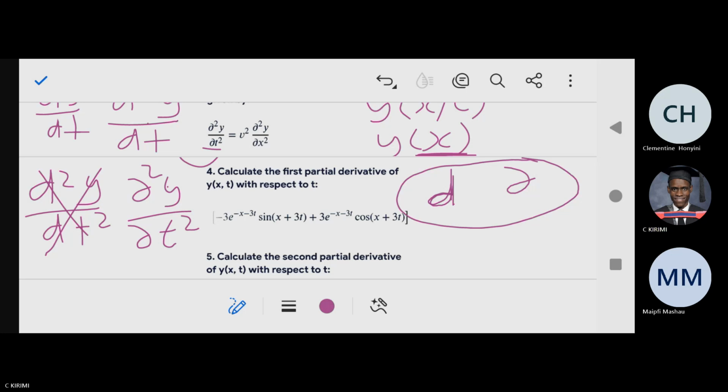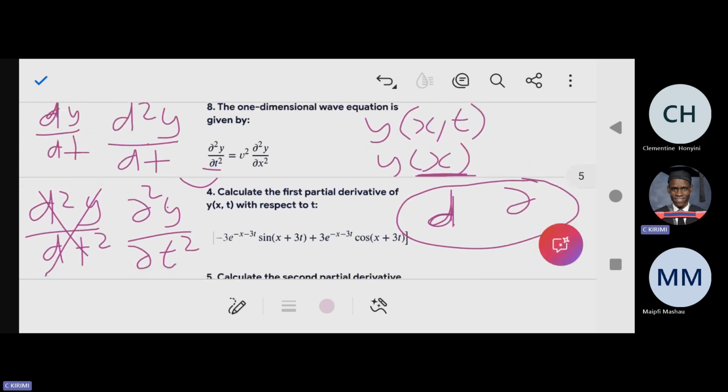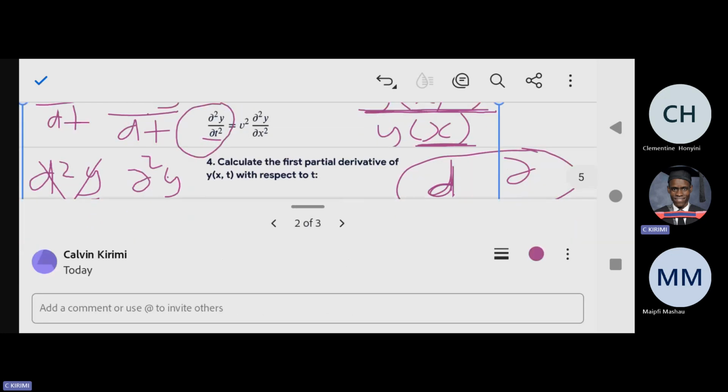From calculus, you must know the difference between the derivative for one variable and the partial derivative, which we use because it's a two variable function. I have not mentioned anything about the formula.